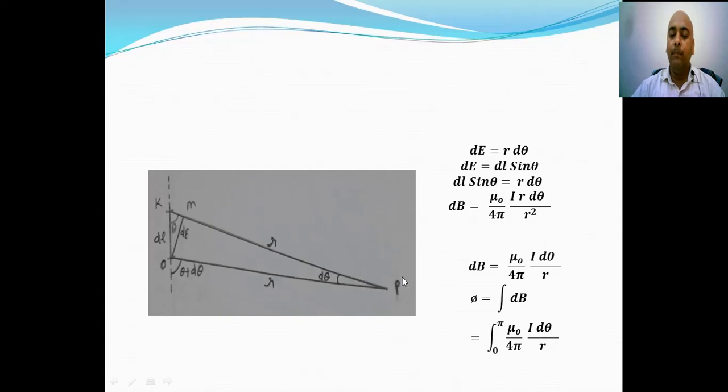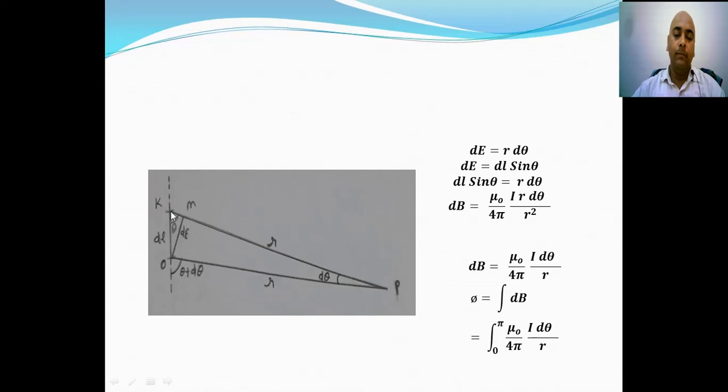If we consider P as the center of a circle having an arc of length DE, then arc length DE is equated to r d theta.